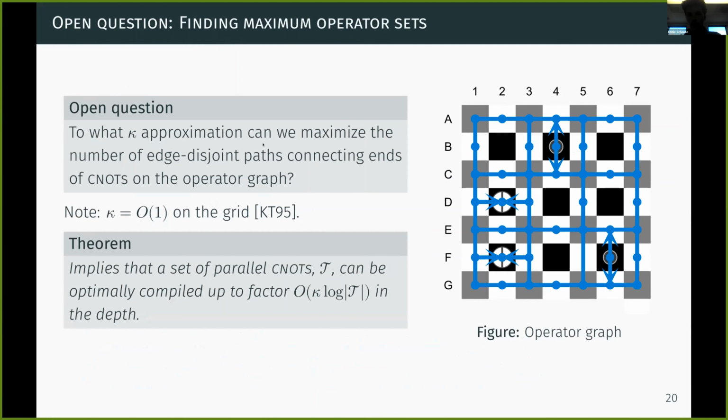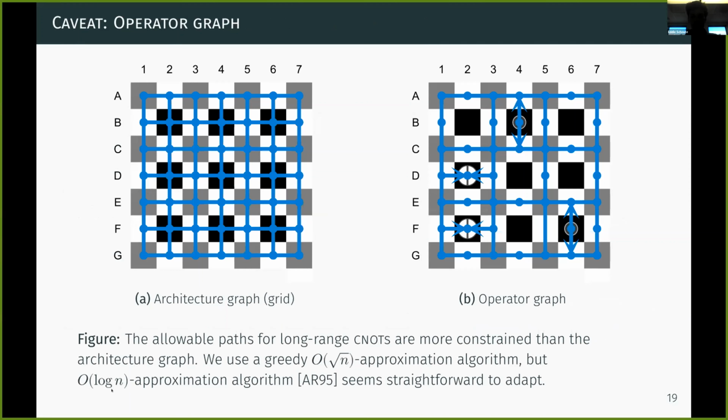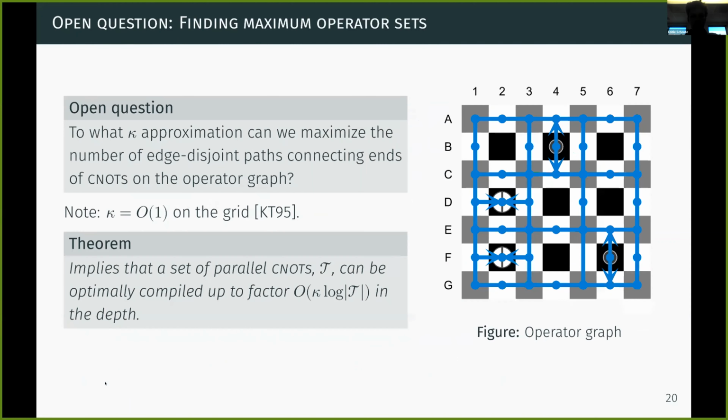And if we can answer this question of finding edge disjoint paths on this operator graph to some kappa approximation factor, where we note that kappa is order 1 on the grid, then this implies that a set of parallel CNOTs, which we denote by this calligraphic T, can be optimally compiled up to a factor of order kappa times log T. So if this kappa is this logarithmic factor, as this approximation algorithm would suggest, we can implement a set of parallel CNOTs up to polylogarithmic approximation in the depth.